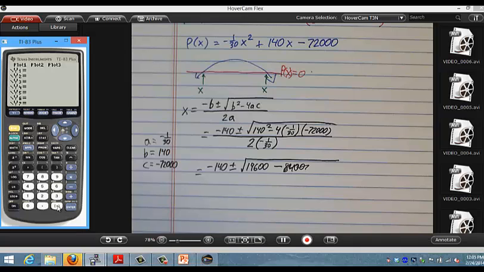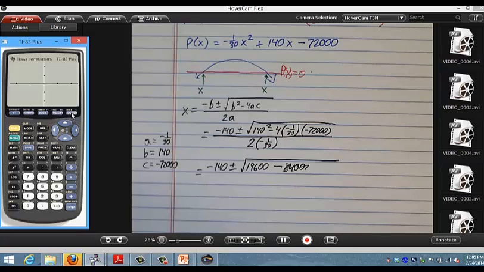So negative 1 divided by 30 times x squared plus 140x minus 72,000. Okay, let's graph that. Too bad we won't see anything.